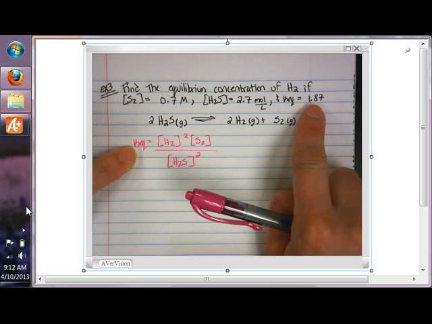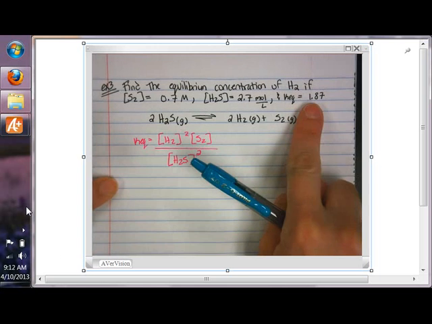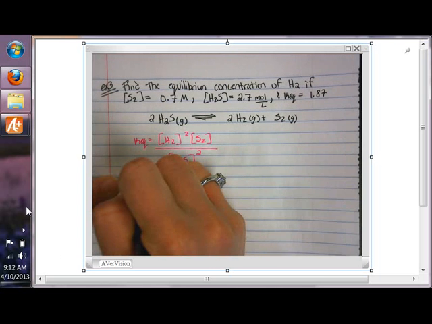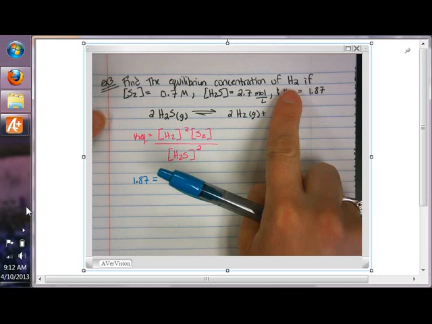So I'm going to go ahead and plug and chug first. The KEQ is 1.87, so 1.87 equals, and they want us to find the concentration of H2, which is H2 squared.